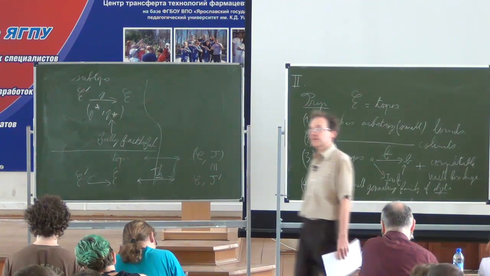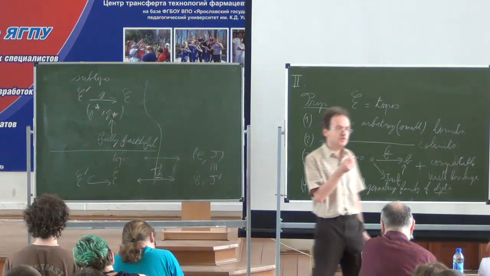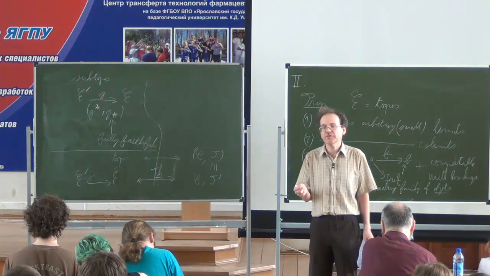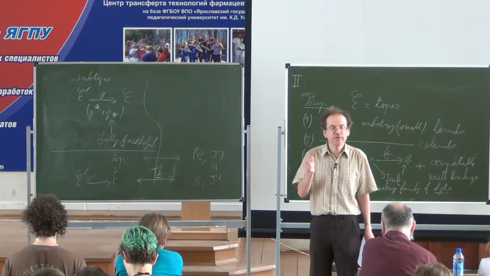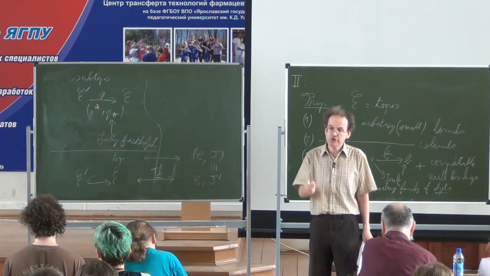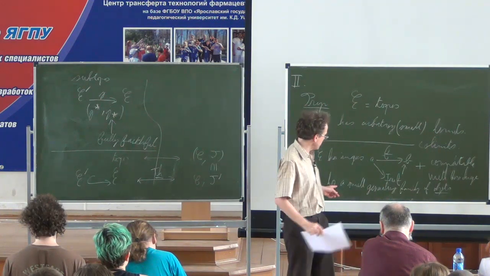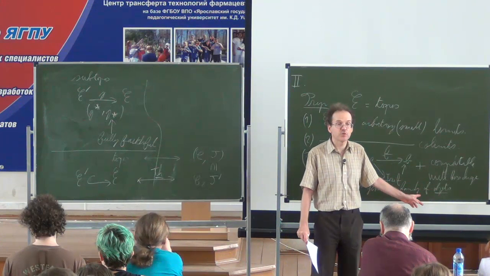So this means that in your topos you can choose a set of objects such that any object in your topos is isomorphic to a quotient of a sum of elements in your family.